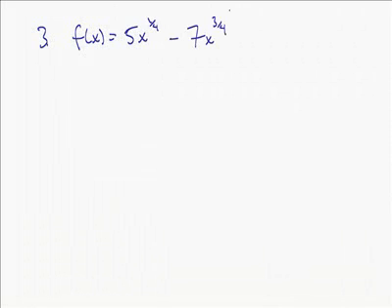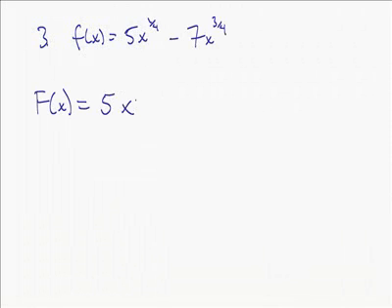All right, let's go ahead and look at a few examples from your homework. If we look at something like number 3, we have a function, little f of x, equal to 5x to the 1/4 power minus 7x to the 3/4 power. We want to find the most general antiderivative of this function. And so the most general antiderivative, which we'll call capital F, we're going to use that power rule for antidifferentiation, which means we're just going to bring the constant down.